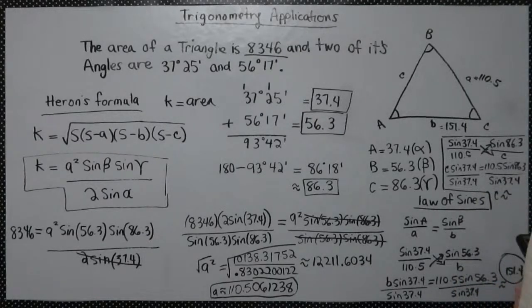And I got 110 divided by sine of 37.4. And I'm getting 181.5509749. So I'll approximate that to be 181.6.